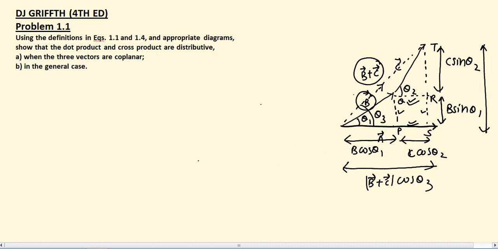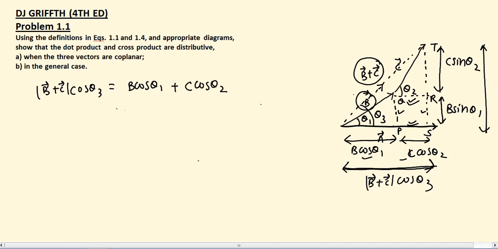Now see here, we can clearly mark that this total segment equals the addition of these two segments. So we can write B plus C magnitude cos theta 3 equal to B cos theta 1 plus C cos theta 2.